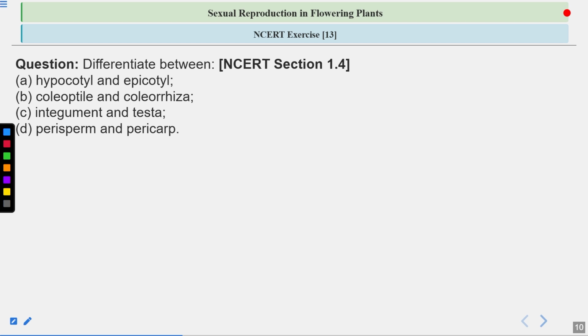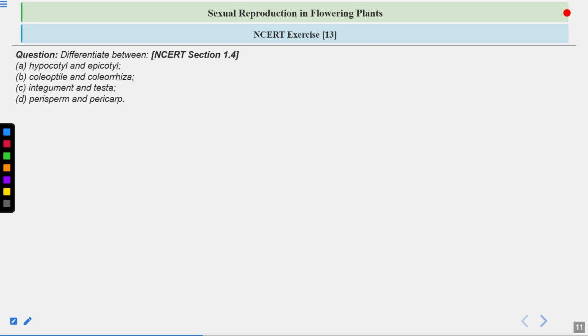Third question, differentiate between integuments and testa. Fourth question, differentiate between perisperm and pericarp. So four differences have been asked in this particular question, and this question is based on NCERT section 1.4, right? So let us see the answer of this question.